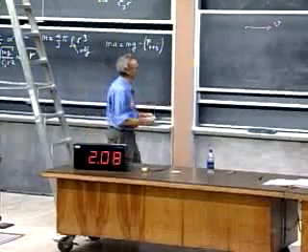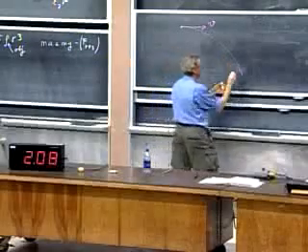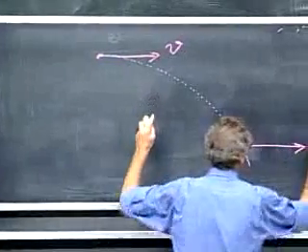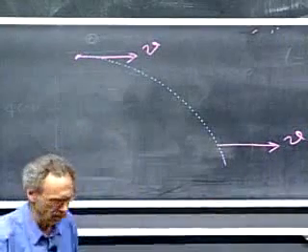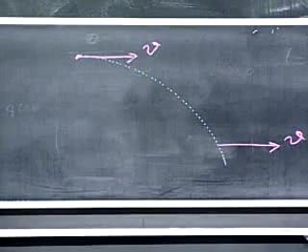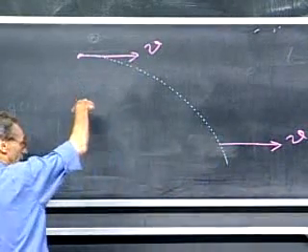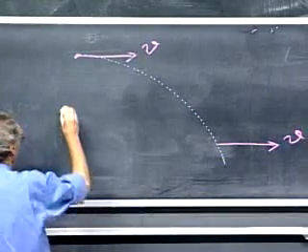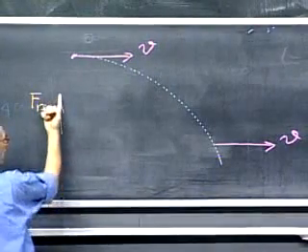If there were no drag, then this, of course, would be a parabola. And the horizontal velocity would always be the same. There would never be any change. But that's not the case now. Because of the resistive forces, because of the drag by the liquid, the object is going to get a velocity in this direction, so there's going to be a component of the resistive force opposing it.